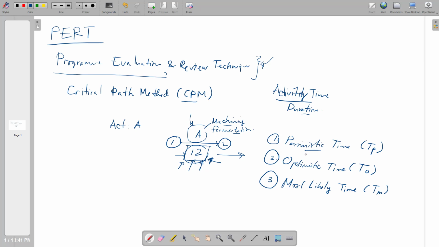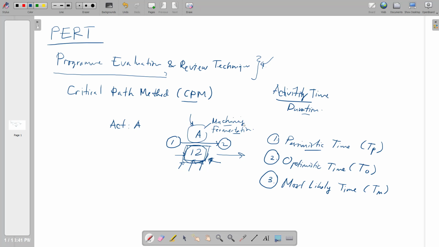Like for example, activity A, a biotechnology student will say that I'm going to finish the fermentation within 12 weeks. In theory, usually based on the schedule, this is first week, second week, and so on, and then I believe 12 weeks will be ready.